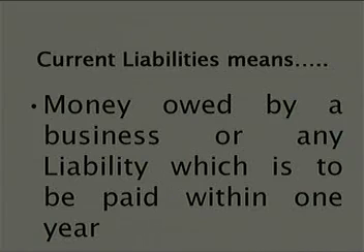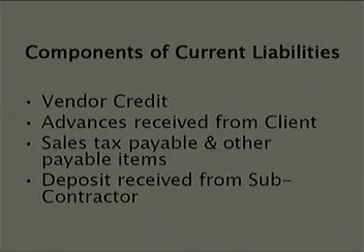Now, if you see the various types of current liabilities, it could be vendor credit. For example, you might have got the work done by some agency, some subcontractor, some vendor, but you may not have paid him.